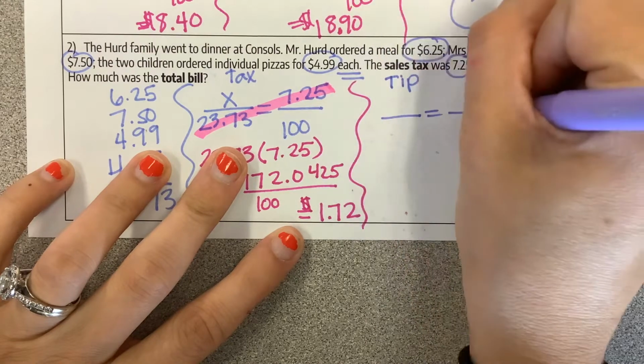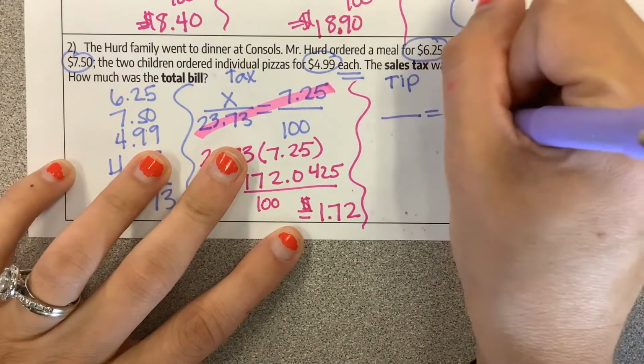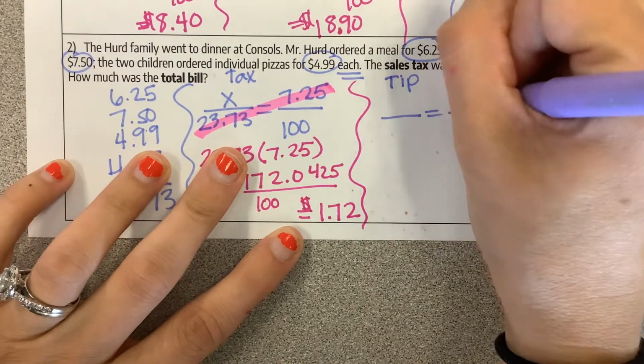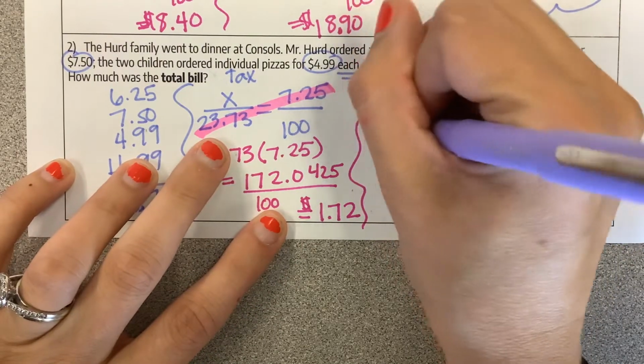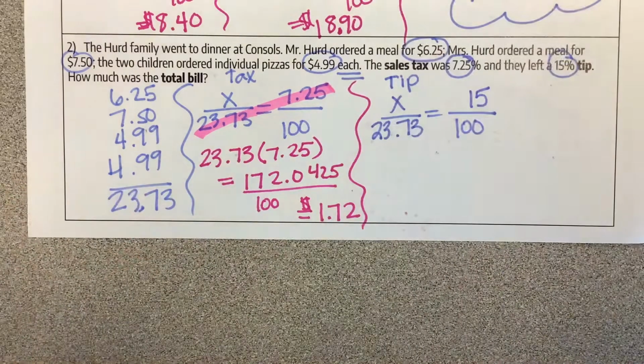Set up our proportion. The percentage for tip in this problem is 15. The original amount we're still using is $23.73.